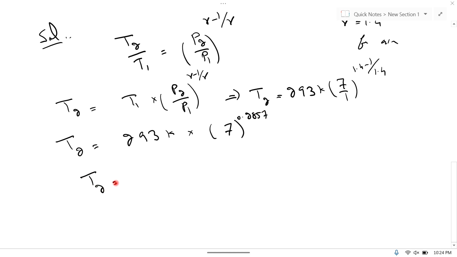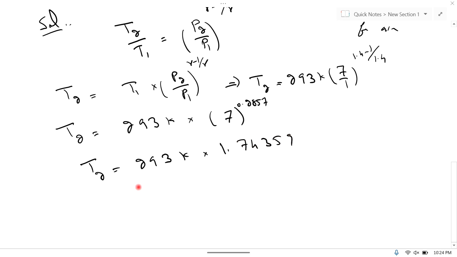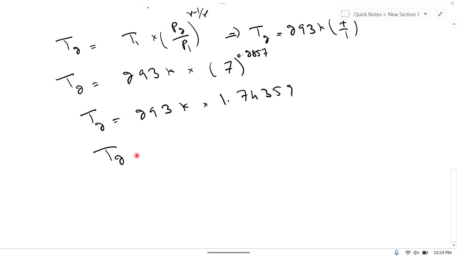So T2 is equal to 293 Kelvin multiplied by 7 to the power 0.2857, which is 1.74359. This implies that T2 is equal to 510.87 Kelvin.